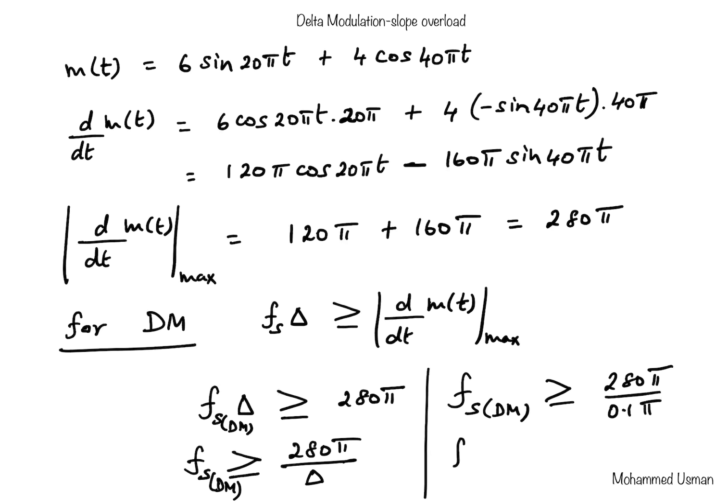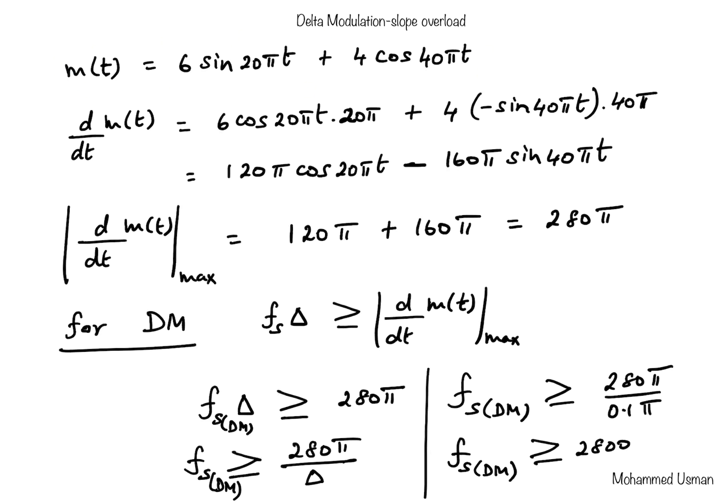So the pi and pi will cancel out, and the minimum sampling rate for delta modulation should be at least 280 by 0.1, which is 2800 samples per second. That's the minimum sampling rate required for delta modulation to avoid slope overload when the input signal is this particular m of t.